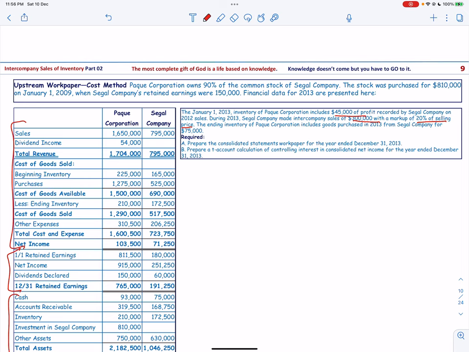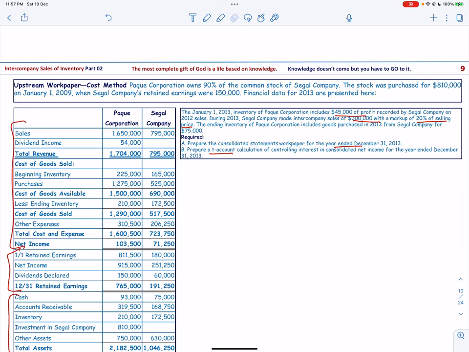The ending inventory of P Corporation includes goods purchased in 2013 from Segal Company for 75,000. Prepare the consolidated statements work paper for the year ended 2013 and prepare a T account calculation of controlling interest in consolidated net income for the year ended December 31.